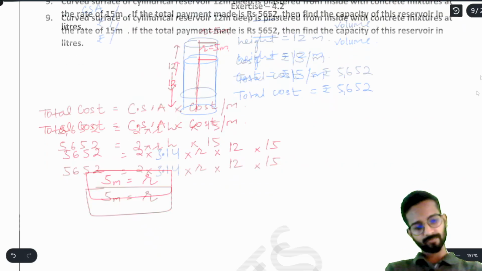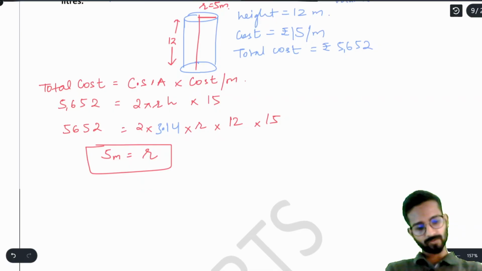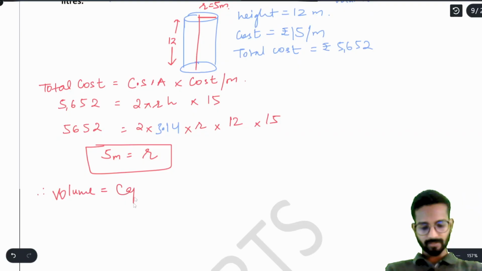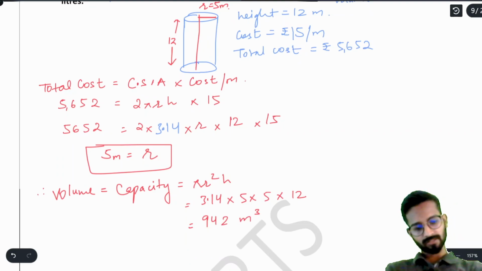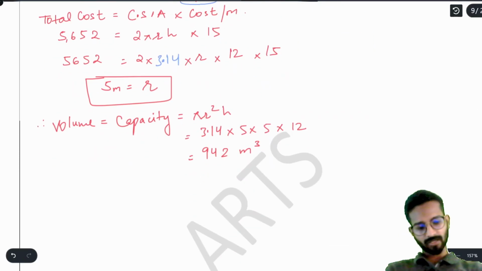We can easily find the volume. Capacity is volume. So therefore volume is equal to capacity is equal to pi r square h is equal to 3.14. Radius is 5 into 5 into 12, that will become 942 meter cube. Okay, because radius is in meter, height is in meter. But now remember, we have to find the capacity.